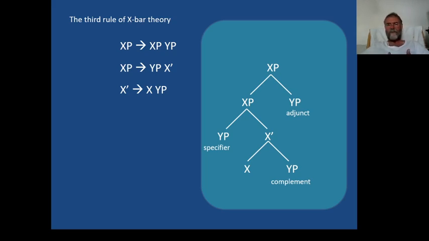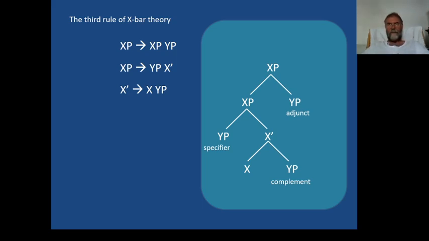Now, modifiers are adjuncts. What's the difference between those two terms? Well, modifier relates to the function that the phrase has in another phrase. It's a bit like subject or object, referring to the function that these elements play. Note, different categories can be subjects, and also not every specifier is a subject.